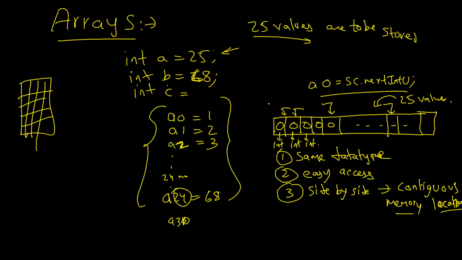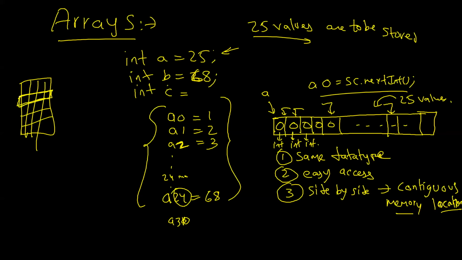That means if you know only the address of this value, you can easily access the 5th value, because after 5 ints it will be there, because it's a contiguous memory, right? It will be basically something in the memory, in the RAM.